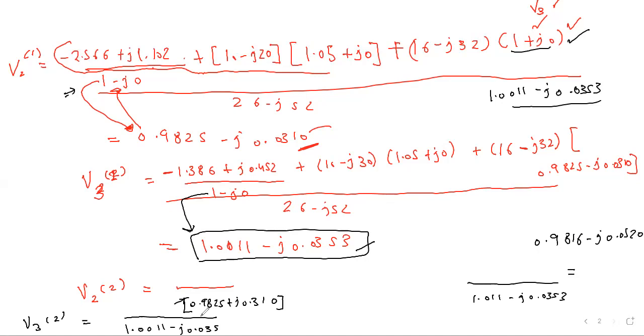This term will change for V32. The value you were seeing here, 1.0011 minus j0.032, the new value has come: 0.9816 minus j0.052. Now if you similarly iterate it, you will find that after you iterate, with the same formula you put.